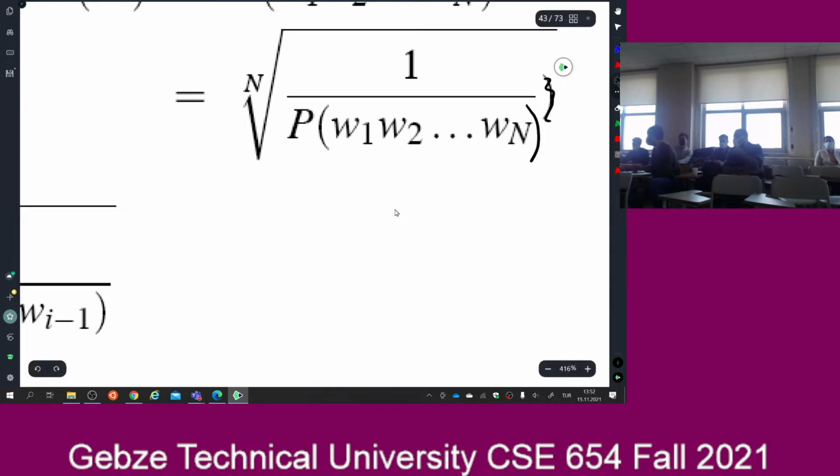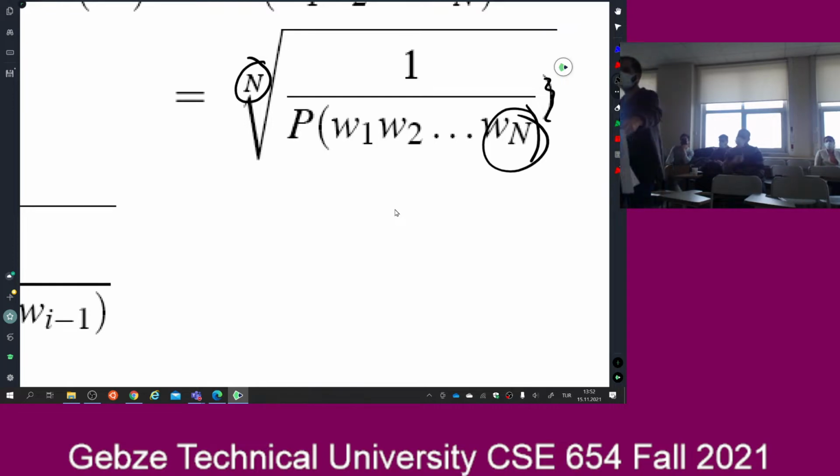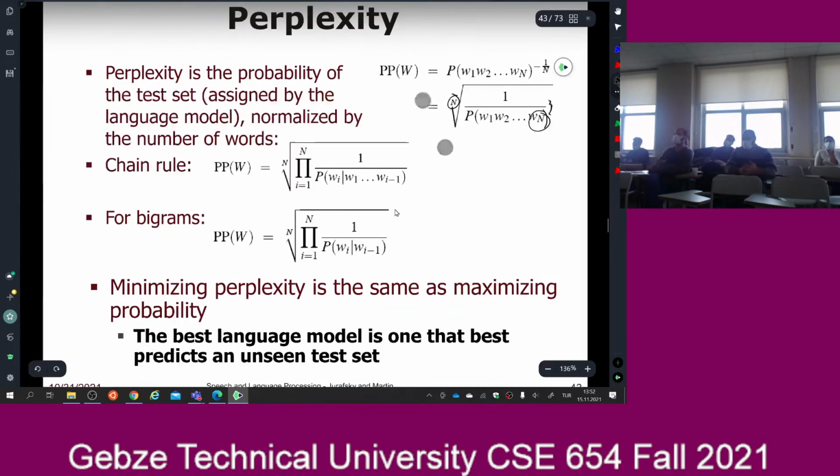Then I take the nth root of this calculation so that I normalize with respect to the number of words in your sentence. Okay, so that's called the perplexity. So minimizing the perplexity is the same as maximizing probability. So you want your perplexity to be as small as possible, probably 1.